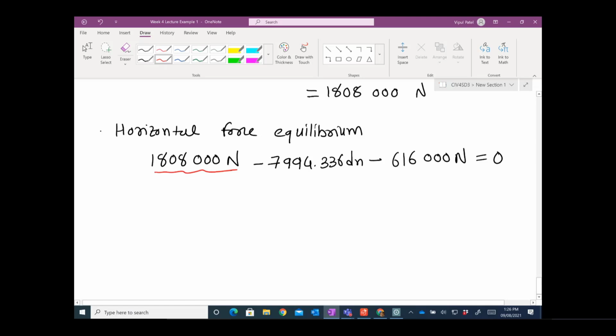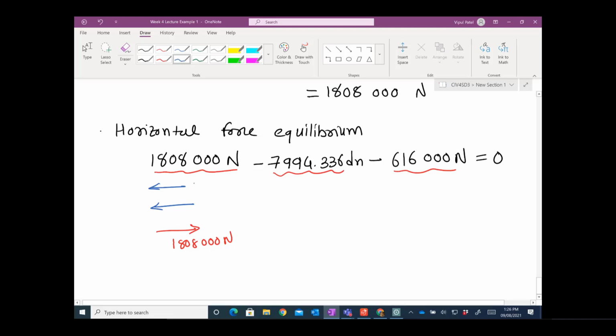One is this force going bottom, 1,808,000 newtons, and then you have these forces, the concrete one, let's say the other way around. So the concrete one going compression like this, and the tension one is going like this.